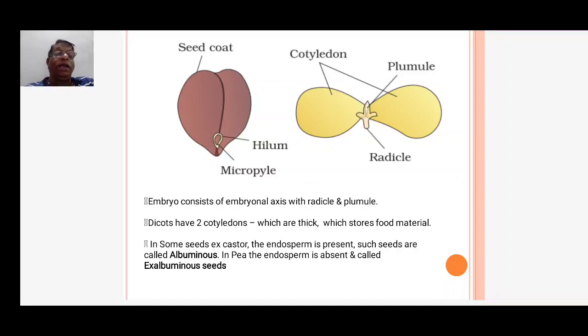Kadlekalu, Bengal gram. Now, if we dissect that dicot seed, Bengal gram seed, how to dissect? Just ನೀರಿನಲ್ಲಿ ನೆನೆಸಿದರೆ ಸಾಕು, ಒಂದು 3-4 hours.